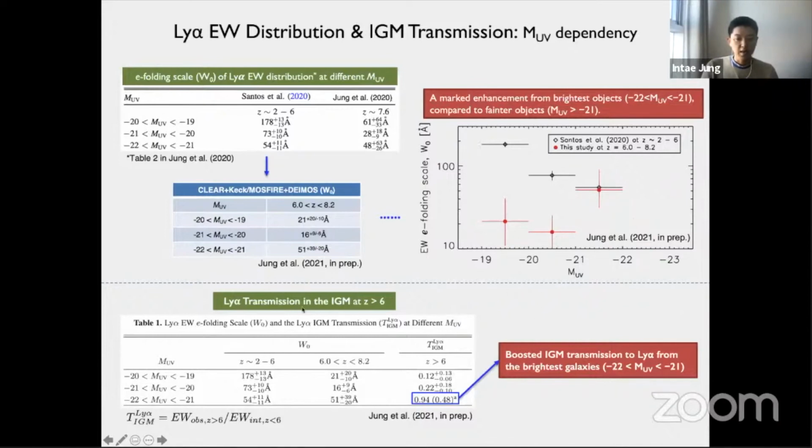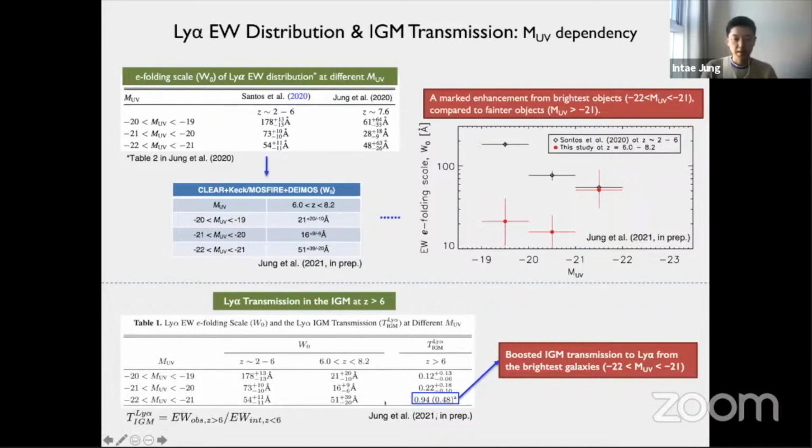Finally, we estimate the Lyman-alpha transmission in the IGM at redshift of 6 based on these equivalent width measurements. We define the relative IGM transmission, which is the observed equivalent width divided by the intrinsic equivalent width. As we do not know the intrinsic value, we take the equivalent width measurements from redshift below 6, where reionization was nearly completed, as the intrinsic properties.